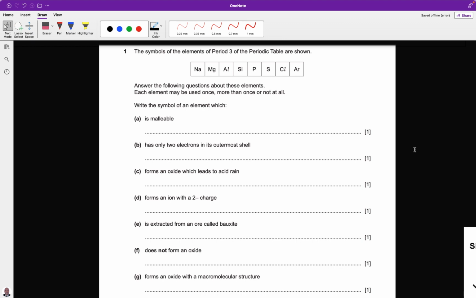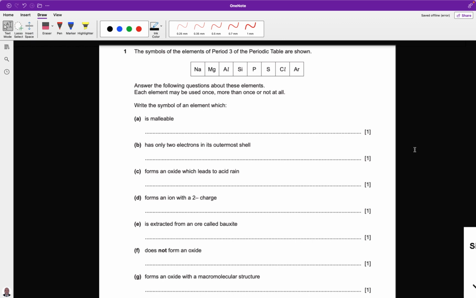Again, when we say a substance is malleable, malleable is the ability of a substance to change its shape or its structure when twisted or when hammered, and only metals can do this.